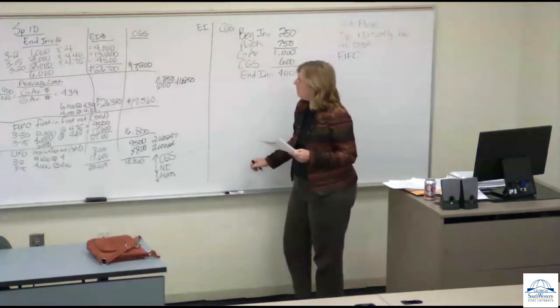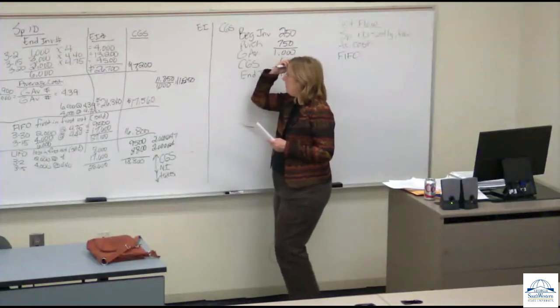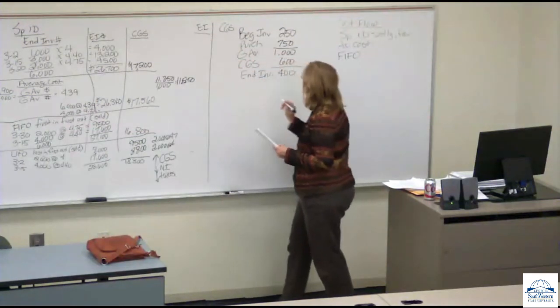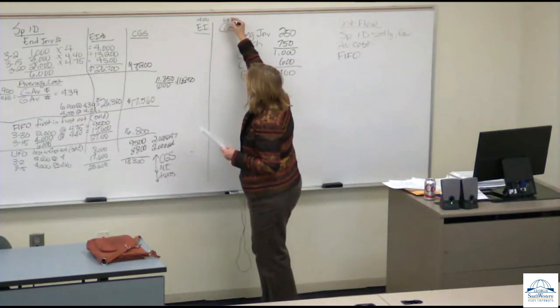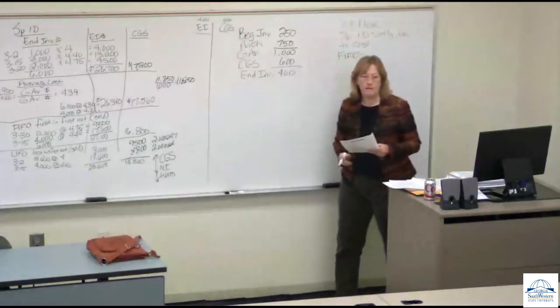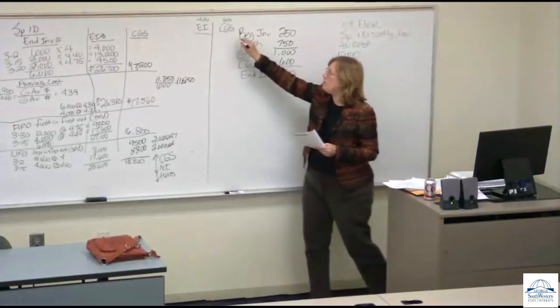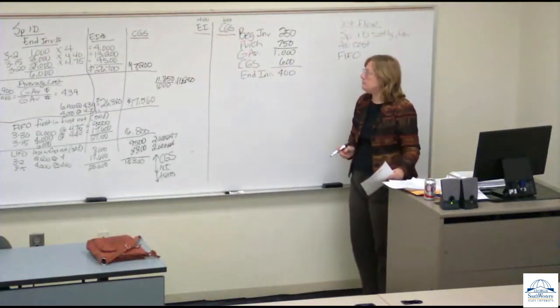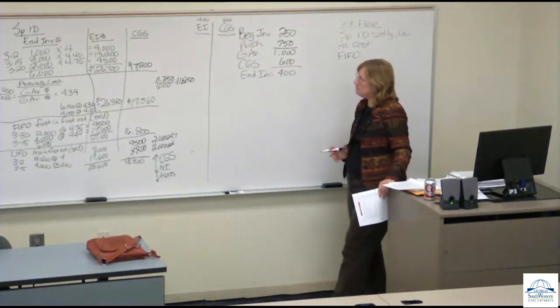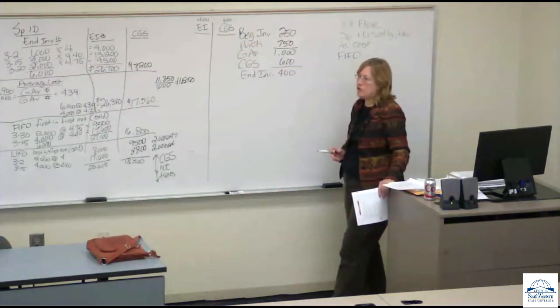All right? So our ending inventory, we had 400 units, and our cost of goods sold, we had 600 units, right? You see where we're going with this? So what you got, Brett?